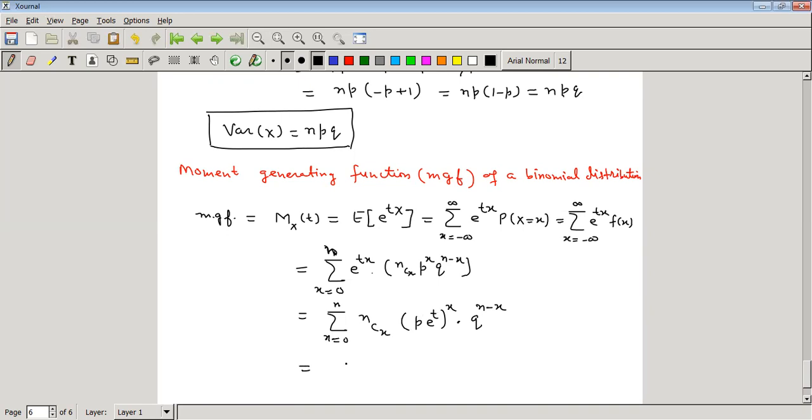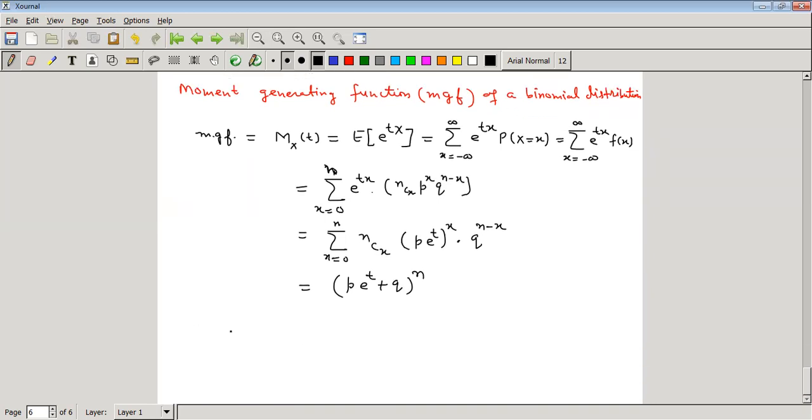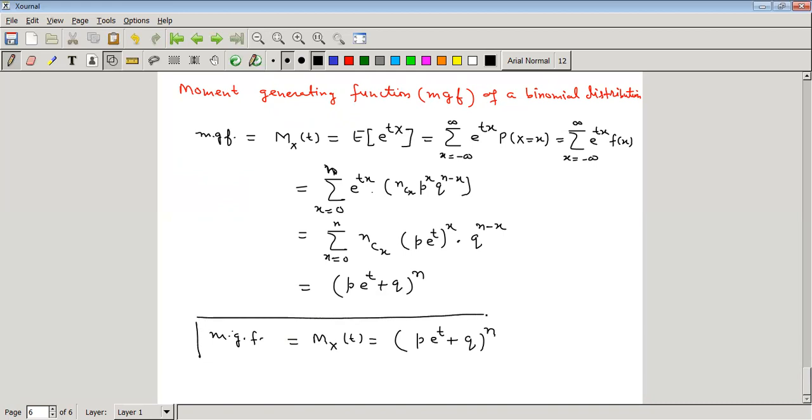So we can write this as (p e to the power t plus q) to the power n. So this is the moment generating function for binomial distribution, that is Mx(t) equal to (p e to the power t plus q) to the power n. This is how we can define moment generating function for binomial distribution.